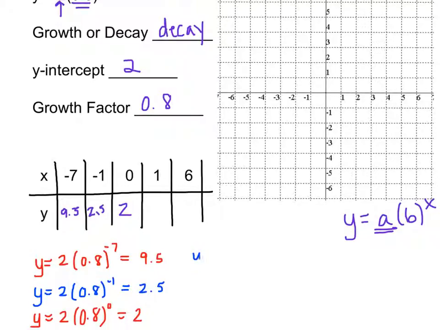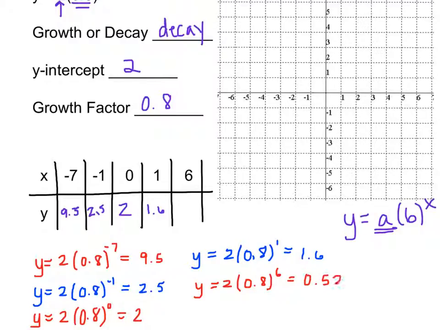Next one, y equals 2 times 0.8 to the first power. Plug that in, you're going to get a 1.6. And last we have y equals 2 times 0.8 to the 6th power. When you do that, it gives you a 0.52.